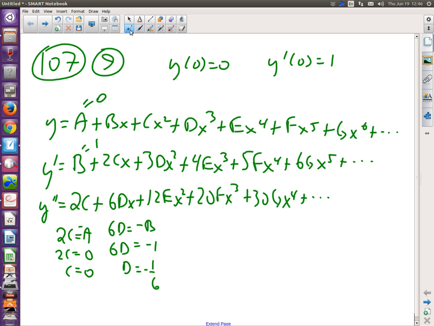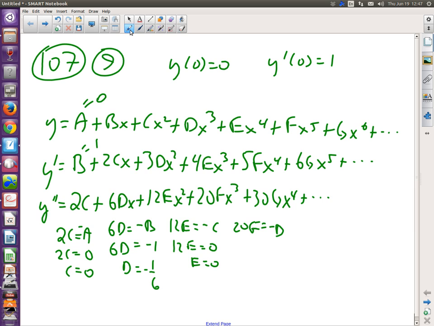Okay. Then we get that 12e is going to be the opposite of c, because we're equating the y double prime series with the opposite of the y series, right? And c we figured out was 0, so 12e is 0, makes e 0. All right, good. How about f? 20f is equal to the opposite of the x cubed term in the y line, which is d.